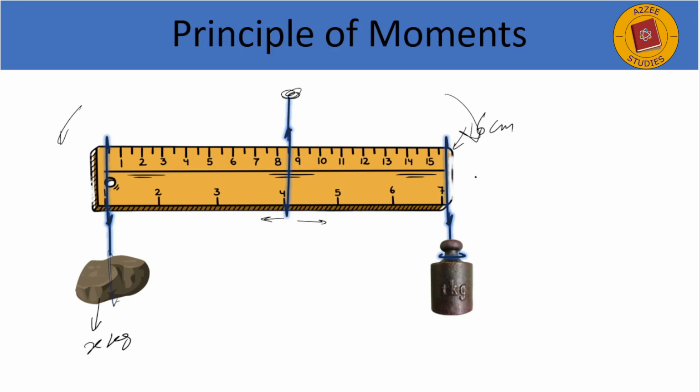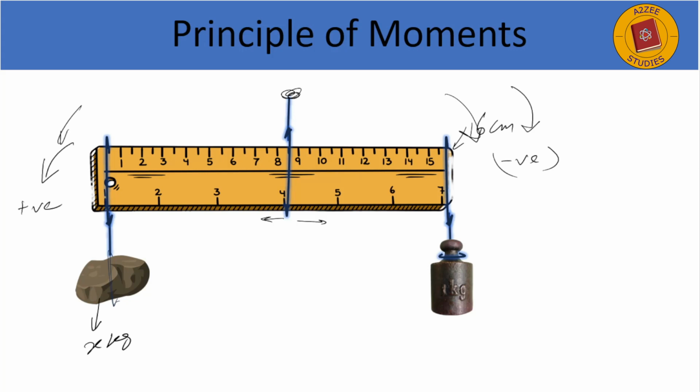It neither points this way nor goes anti-clockwise. That is exactly the region where the moments, this is the anti-clockwise moment or the positive moment, and this is the clockwise moment or the negative moment. They have attained equilibrium, they have become equal.